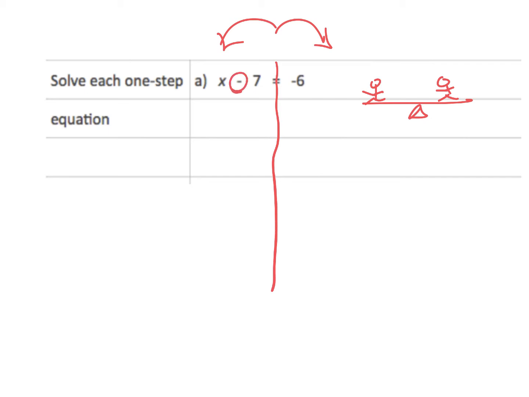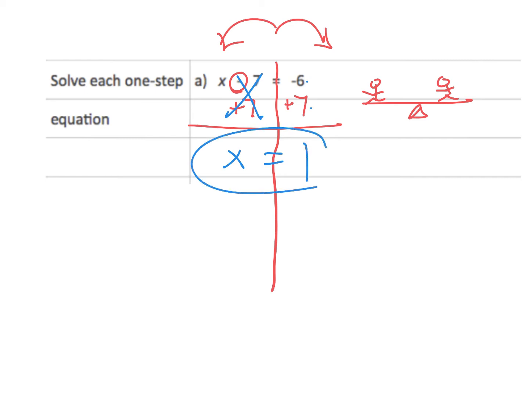They are subtracting 7, so I'm going to undo that by adding 7. And because I do it on one side, I need to do it on the other. So a negative 7 or minus 7 plus 7 cancels out, leaves me with x all by itself. A negative 6 plus 7 leaves me a positive 1. And that is our solution.